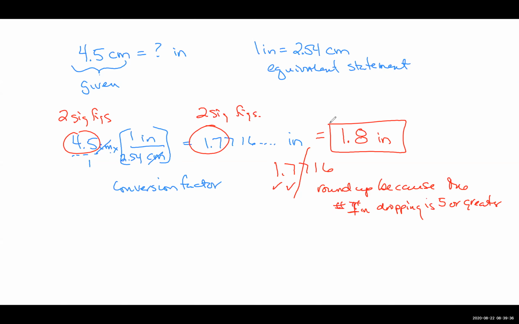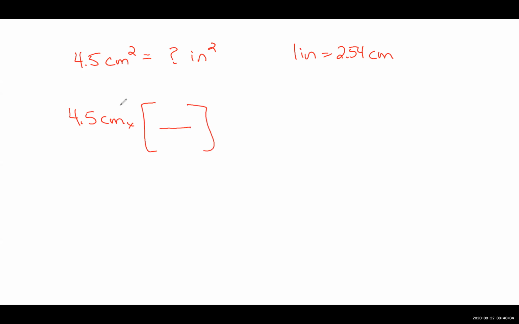What if we made it a little bit harder? And what if I said 4.5 centimeters squared is equal to how many inches squared? Now this one's a little bit trickier. So in this case, I'm still going to use my 1 inch equals 2.54 centimeters. However, if I start out with my given 4.5 centimeters squared and multiply it by my conversion factor, 1 inch is 2.54 centimeters, and that's all I do, I'm not going to be okay.